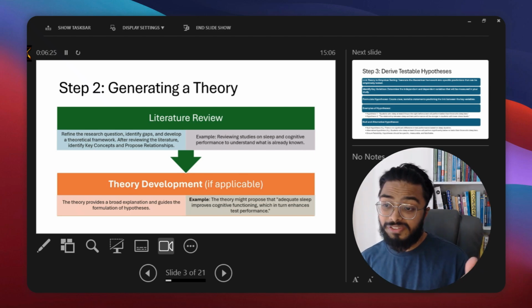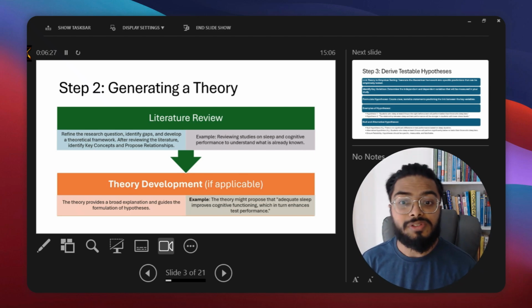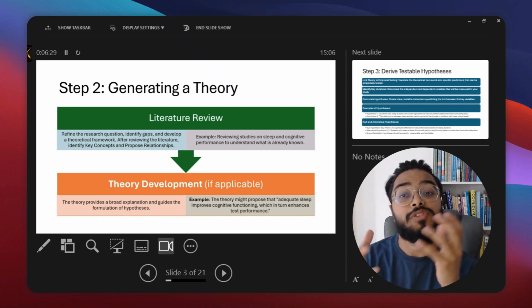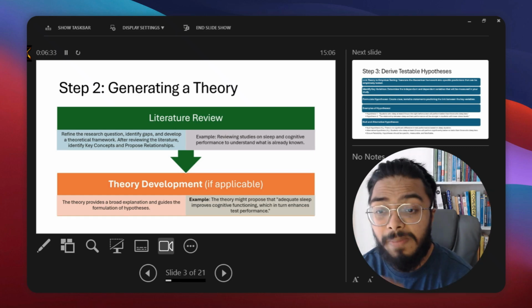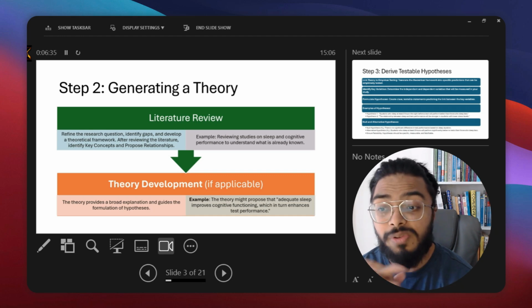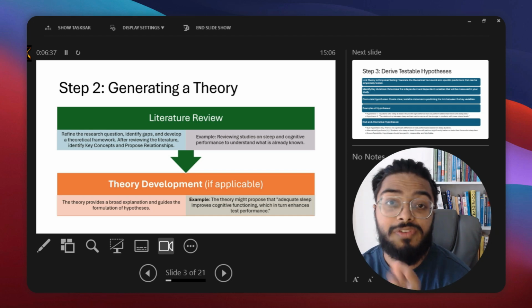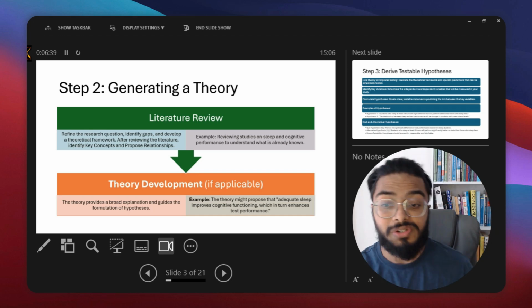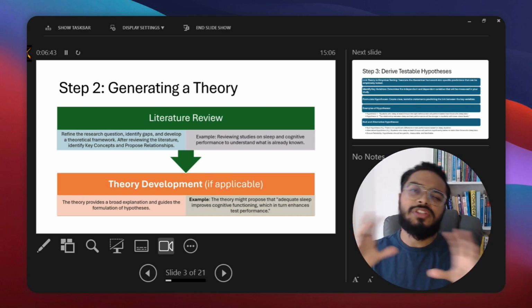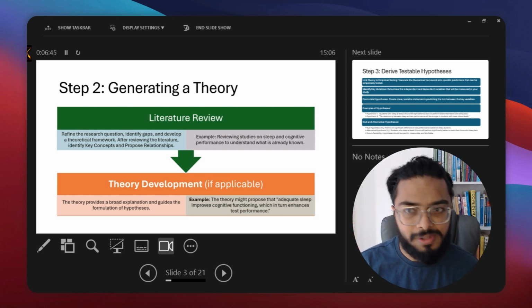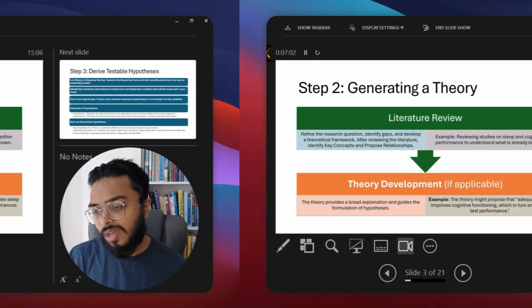And in this case, for our study about sleep and cognitive performance, the theory might propose that adequate sleep improves cognitive functioning, which in turn enhances test performance. So this is the theory that maybe you have developed out of your own head.